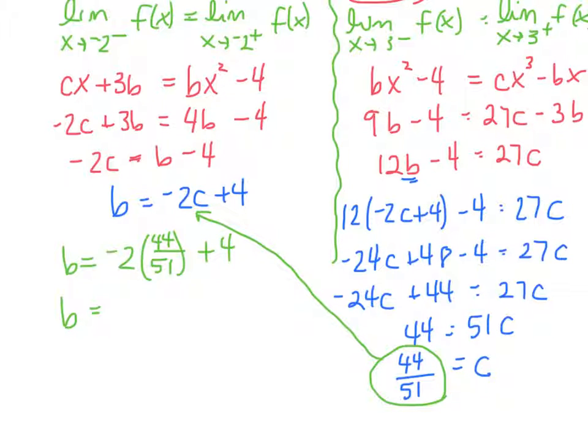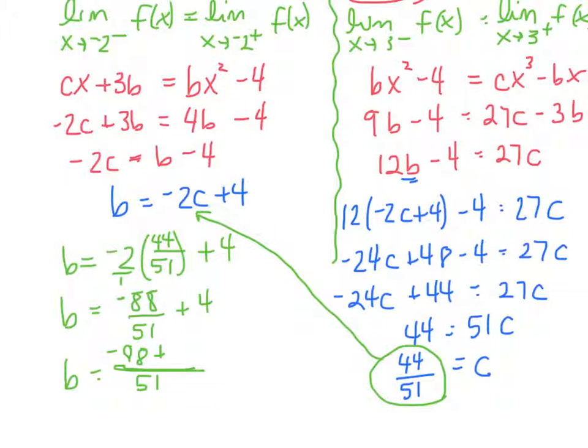I've talked to some of you about getting better at adding and subtracting fractions in your head, and even multiplying. Here, this negative 2 is like negative 2 over 1. So when you multiply times 44 over 51, that would be negative 88 over 51. And we're adding that to 4. It looks like I need to get a common denominator here of 51. The left-hand side is fine, negative 88.